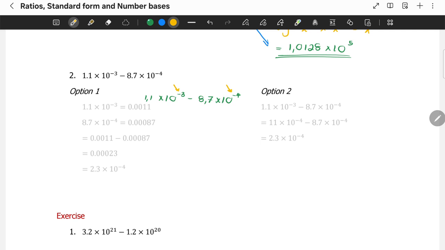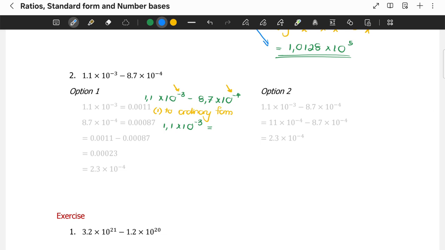So changing to ordinary form, firstly, we end up with 1.1 times 10 to the power minus 3 being equal to, so for 1.1 we realize that it's minus 3, and to get minus 3 we move the comma to the right.